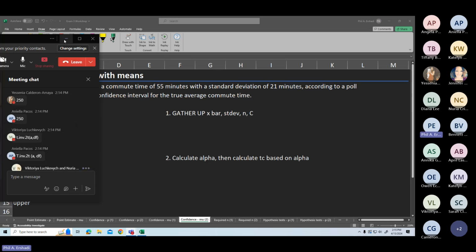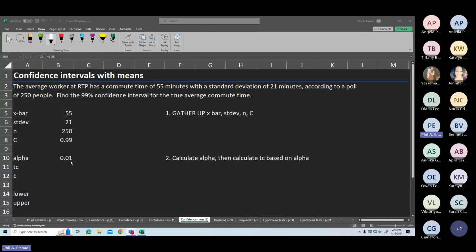Seems like everyone's got a good handle on that. So we'll go over here. Equals T.INV.2T with the alpha, comma, and then for your degrees of freedom, what I recommend is saying the n located there in B7 minus 1. So notice that I'm not making a separate field for degrees of freedom.